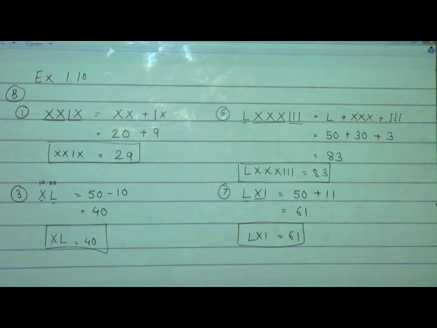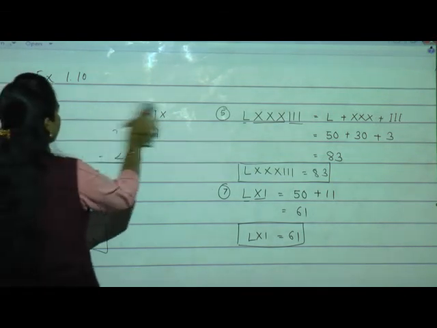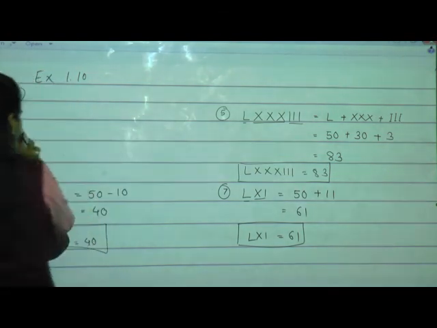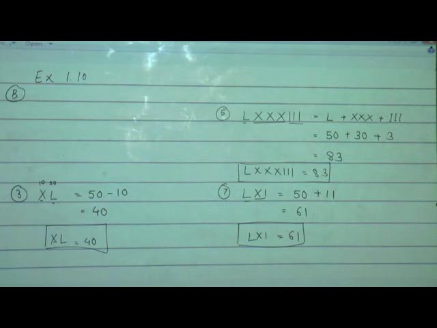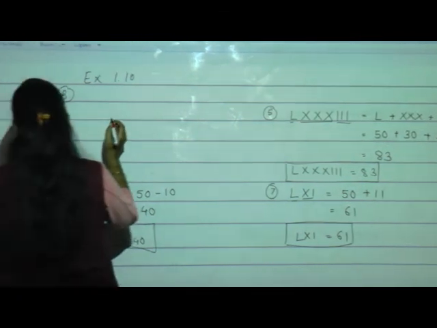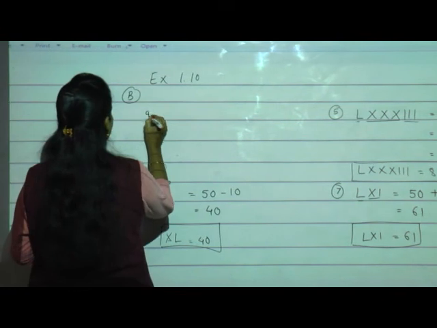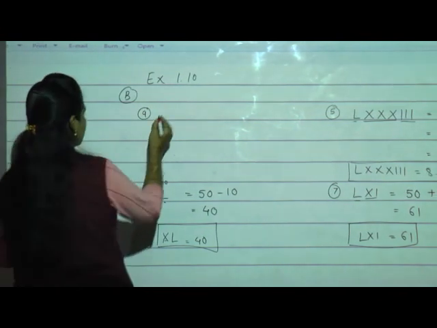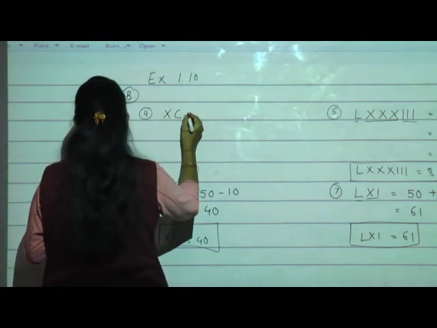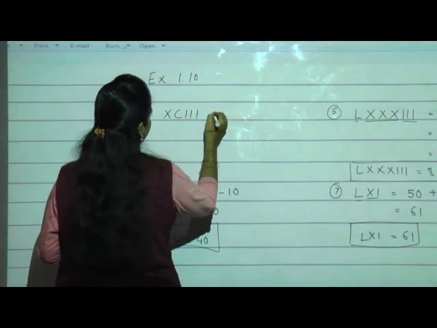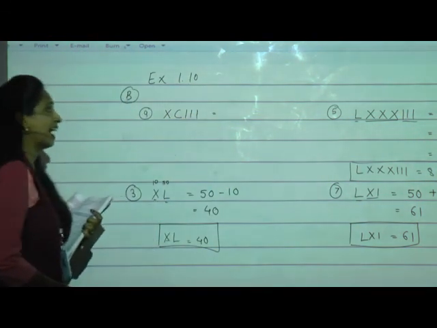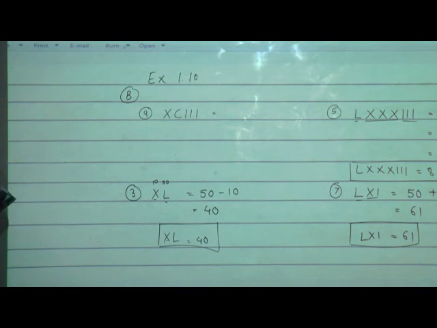Understood? Yes, students? Now I will solve one more question for you. In the Hindu-Arabic system also they had given 10 questions. Now let me solve the ninth one for you. What is the ninth question? XC triple I. XC we have just studied: 100 minus 10 becomes 90.